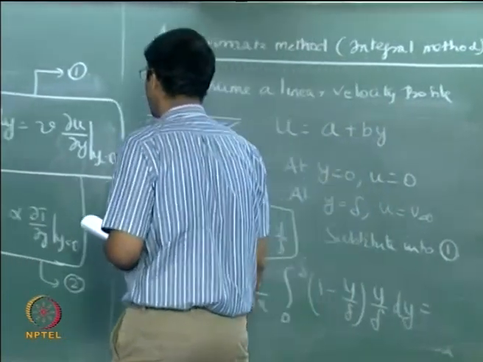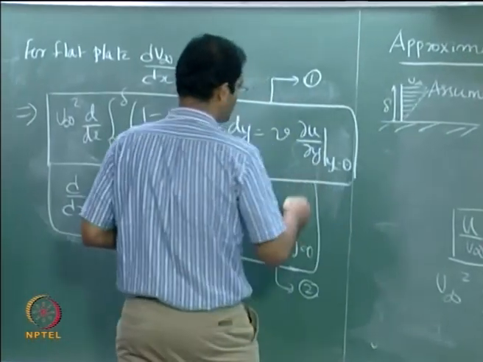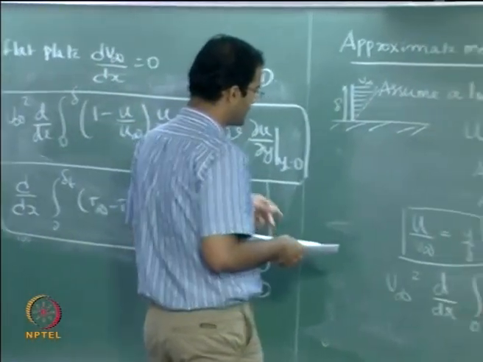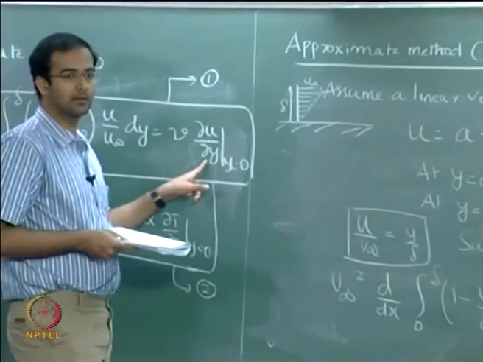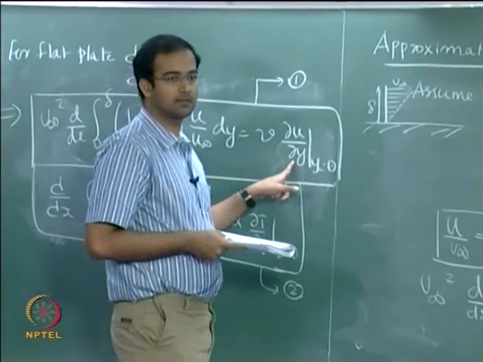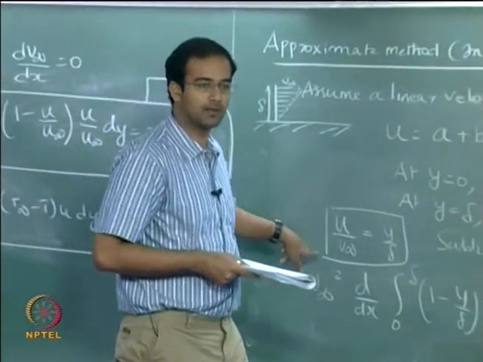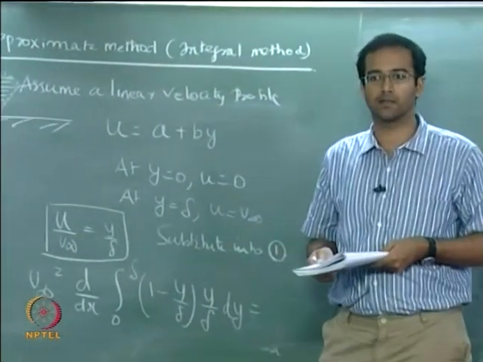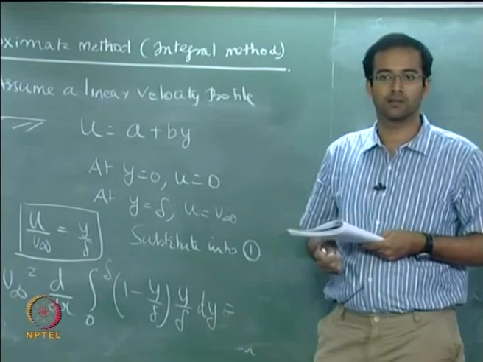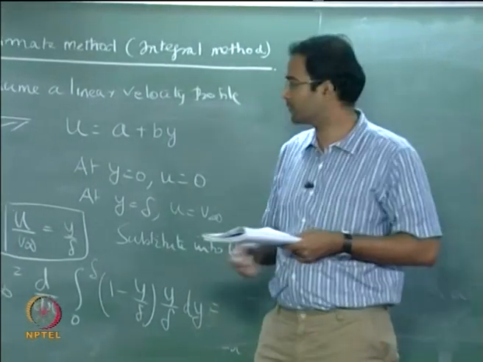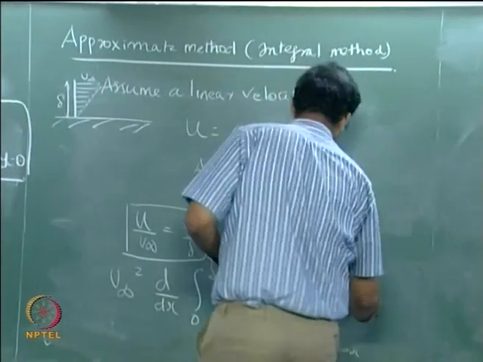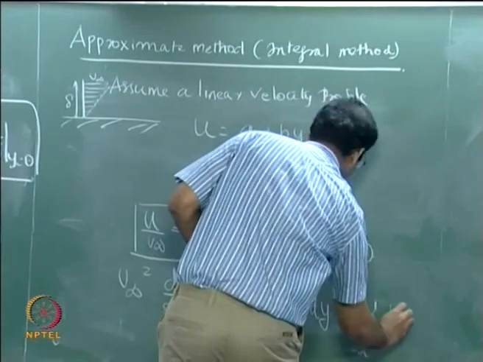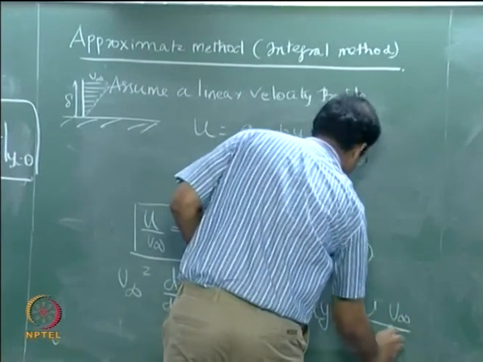On the right hand side I have nu du by dy at y equal to 0. So du by dy now will be what? u infinity by delta, from the linear profile. That is a constant slope, it does not matter whether it is at y equal to 0 or elsewhere, so this will be nu into u infinity by delta.